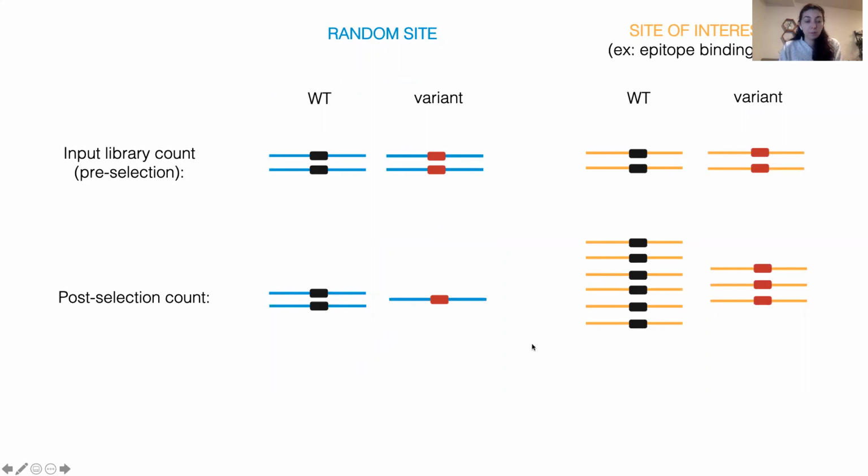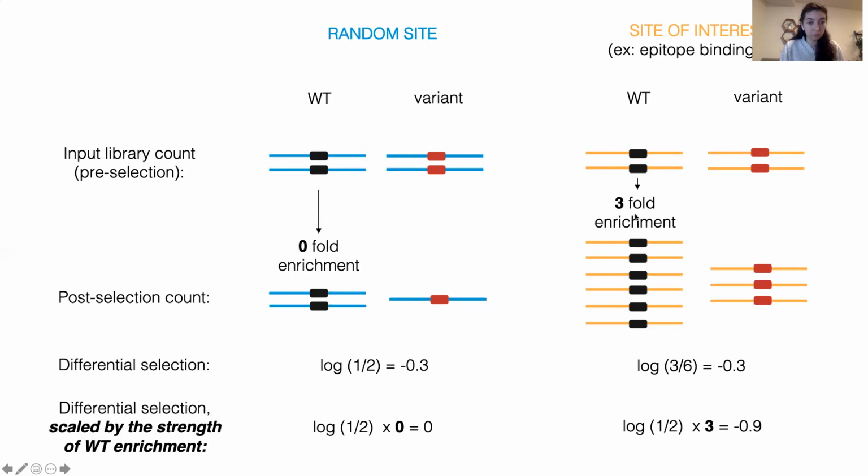If you calculated the differential selection of this variant and this variant, you would actually find that the differential selection value is the same for these two variants. So this is clearly not telling the whole story, because the antibody is enriching for the epitope peptides here. In order to account for this, we scale this differential selection number by the enrichment of the wild type peptide, the fold enrichment here.